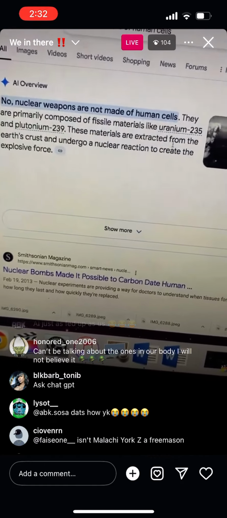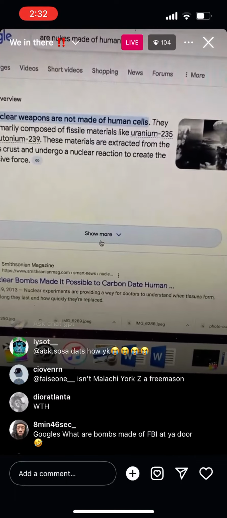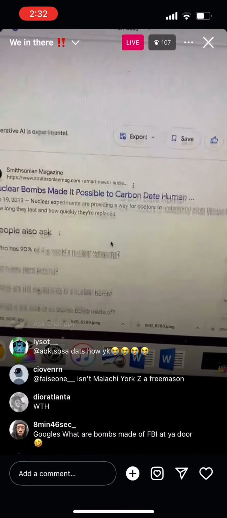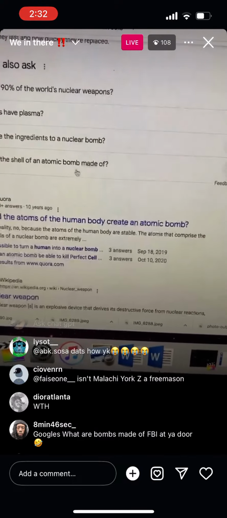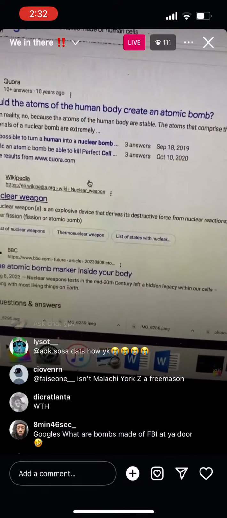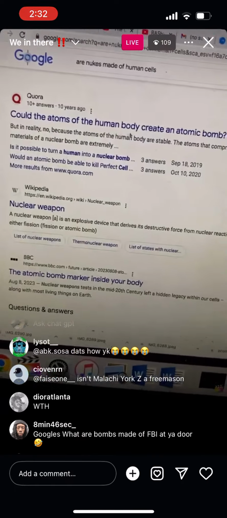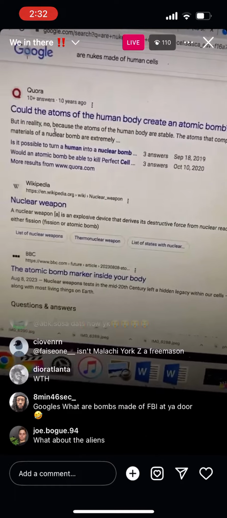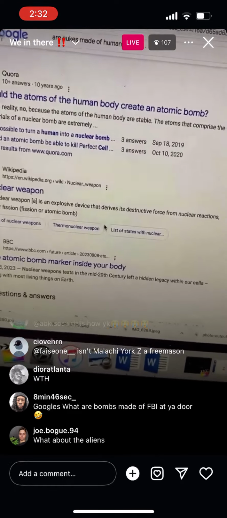These materials are extracted from the Earth's crust and undergo a nuclear reaction to create explosive force. Why am I looking this up? Could the atoms of the human body create an atomic bomb? Atoms of the human body are stable. Atoms that comprise such material are extremely unstable.